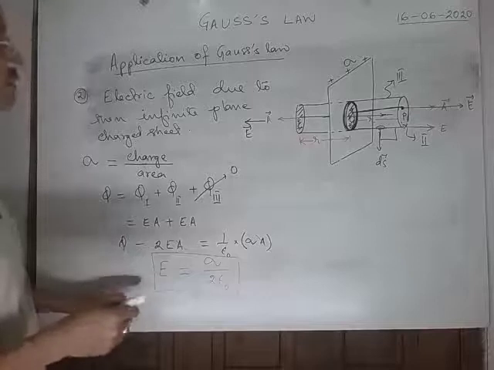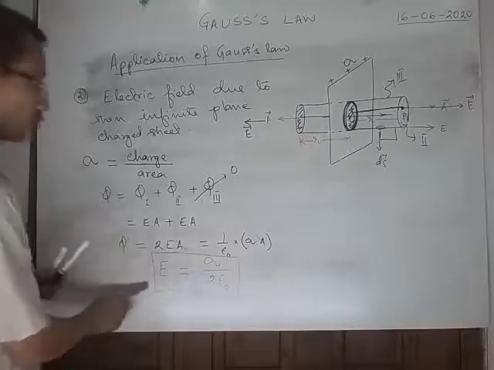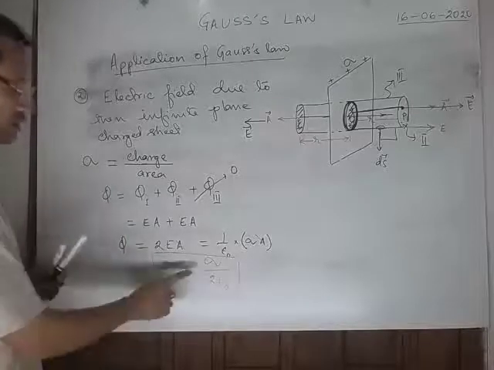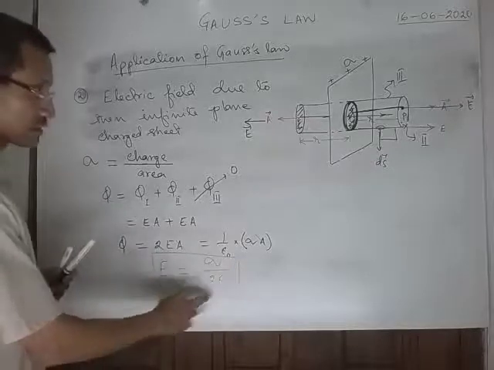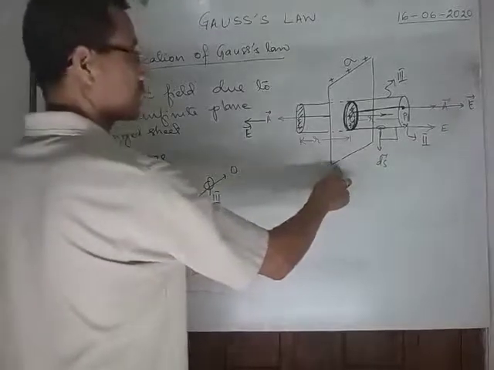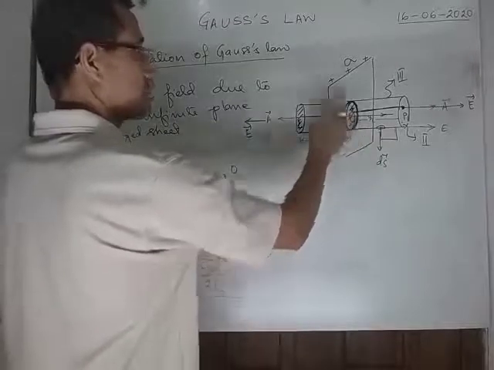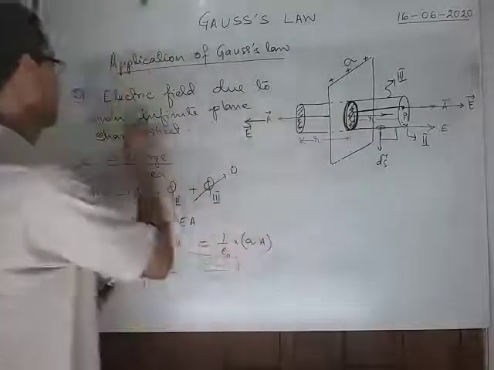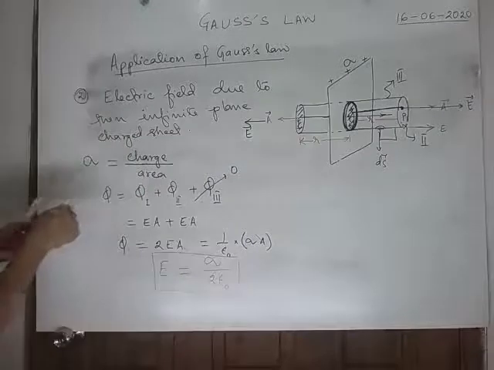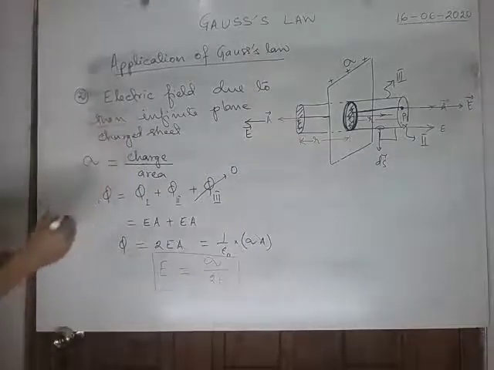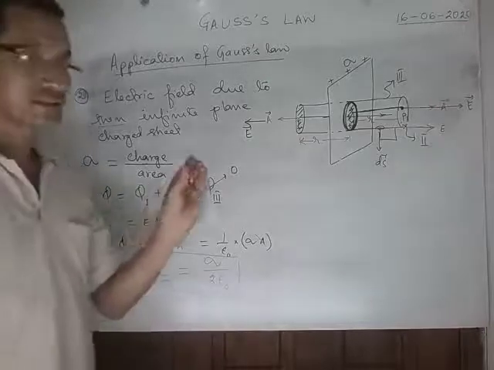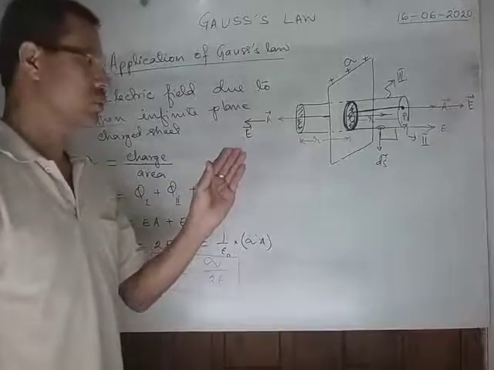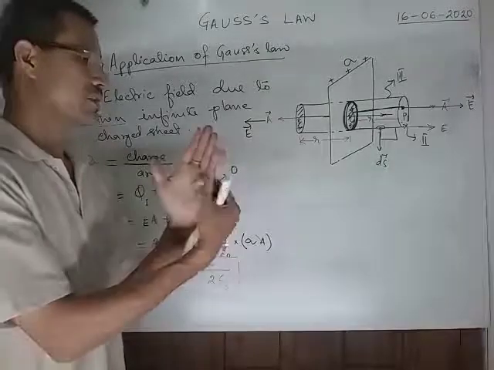Another point to be noted is this sigma by twice epsilon naught. When we discuss this infinite charged plane sheet, we take it as a thin infinite plane sheet. Why thin? Because if it is just a thin sheet, we may assume that charge resides only on the surface.